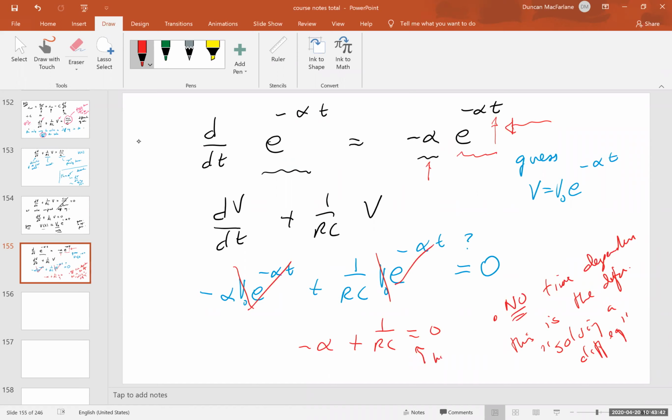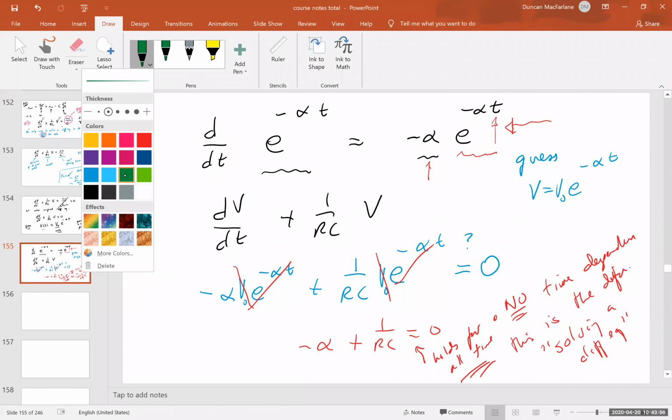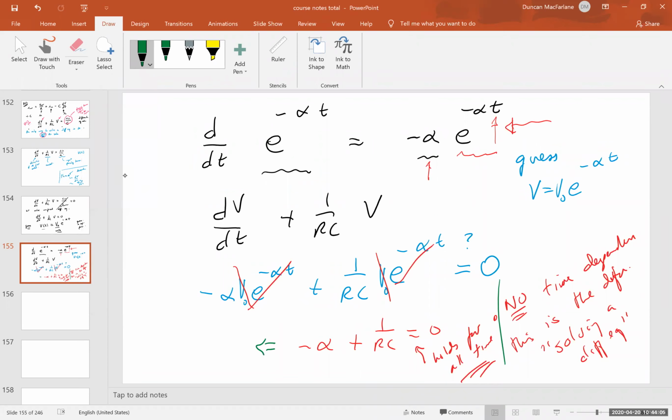And that's what I mean by solving a differential equation. And that's probably something that's not emphasized enough in your math classes. And what this also means is my degree of freedom, my alpha, is equal to 1 over RC.